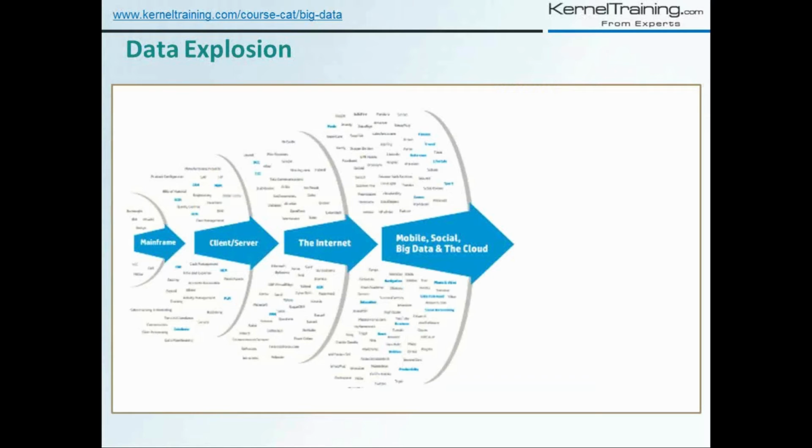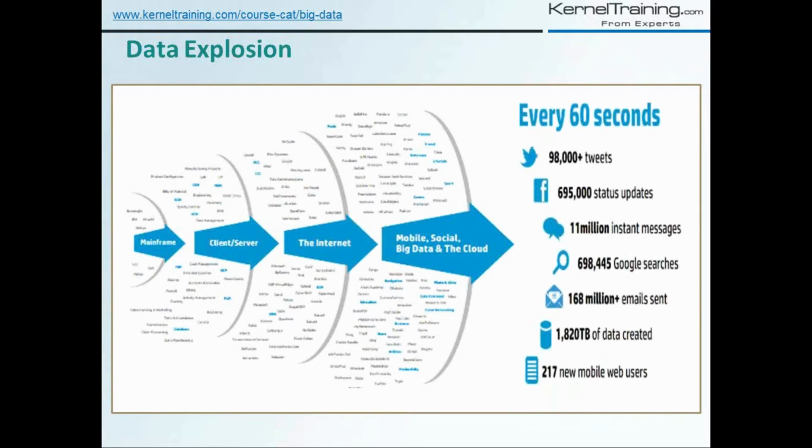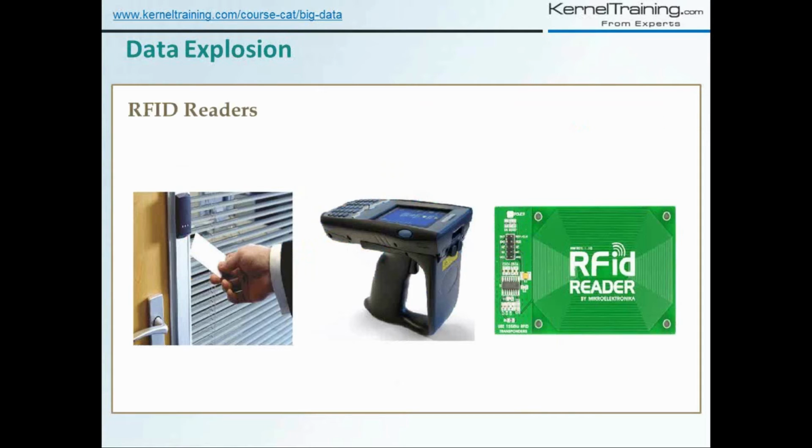What are the data sources which are generating this much data? As you know, today we have a lot of social networking sites and websites, like e-commerce sites, which are generating data. All these give us a lot of data to store in the system in digital format.